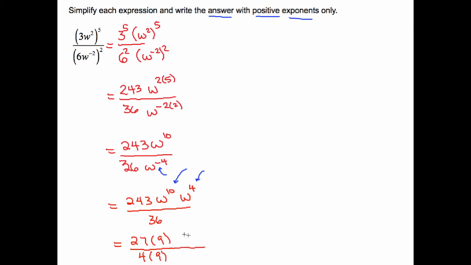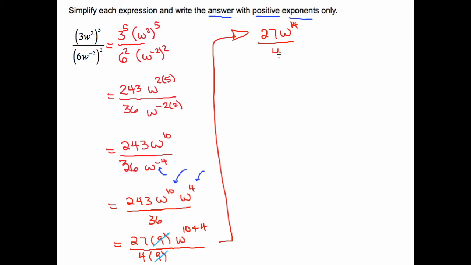And then in the numerator, when you multiply the bases, you can add exponents. So that's w to the 10 plus 4. We're now ready for the very last step. Notice the 9's do cancel, so we're left with 27 in the numerator times w to the 10 plus 4, which is w to the 14th, all over 4.